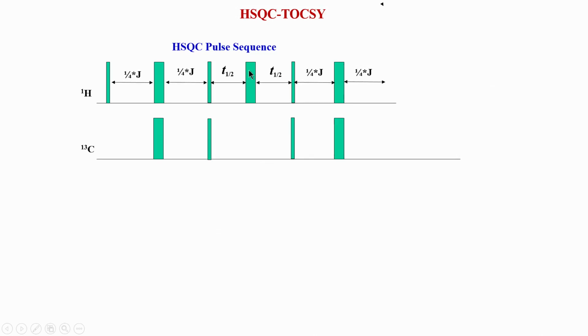Because we want a 180 degree pulse on the proton in the middle, and this helps to decouple the carbon from the proton. Any 180 at the center of evolution, applied on another nucleus, decouples that nucleus from the evolving nucleus. So, if carbon is evolving and I put a 180 in the center, it decouples my carbon from proton.